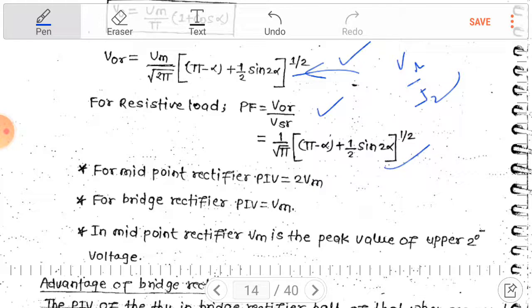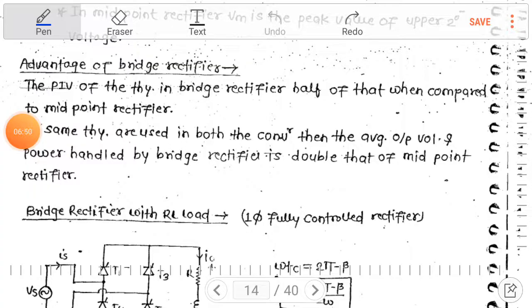For midpoint rectifier, peak inverse voltage is 2 Vm, and for bridge rectifier it is Vm. Peak inverse voltage, as I told you in previous videos, is the maximum voltage which reverse biases the thyristor when it turns off.